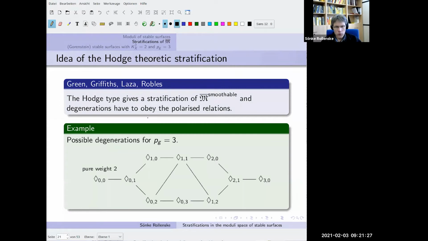And I've written them down for pg equal to 3 because this is the example I'm going to consider. I start with a pure weight 2 Hodge structure, and then on the other side of the diagram, I have a pure weight 0 Hodge structure, and everything just keeps track of how the individual dimensions can go down from weight 2 to weight 1 to weight 0.